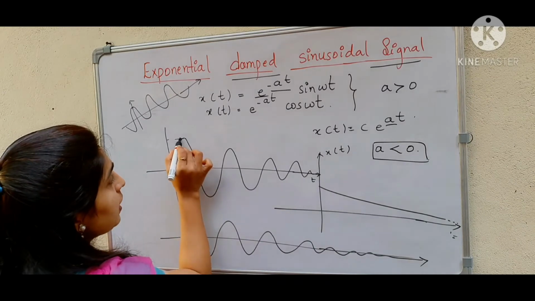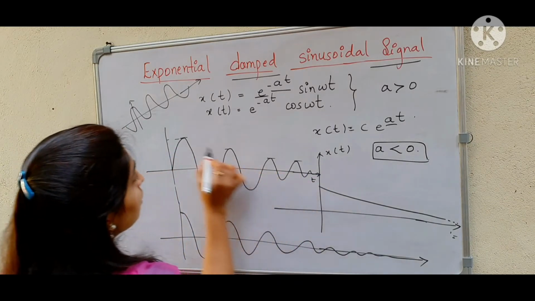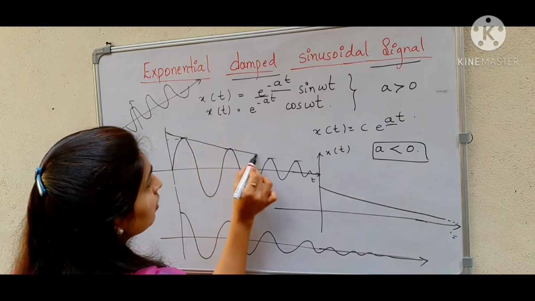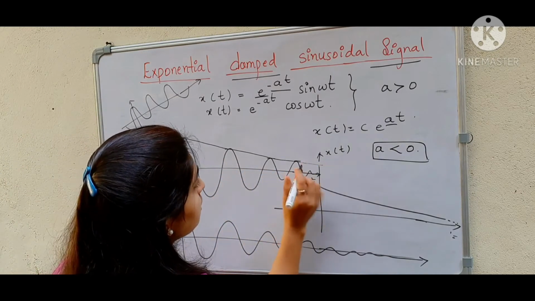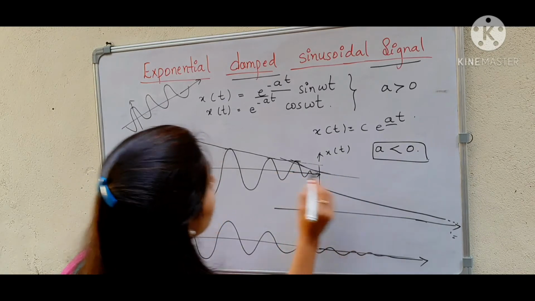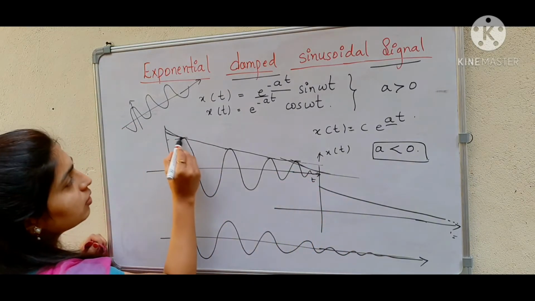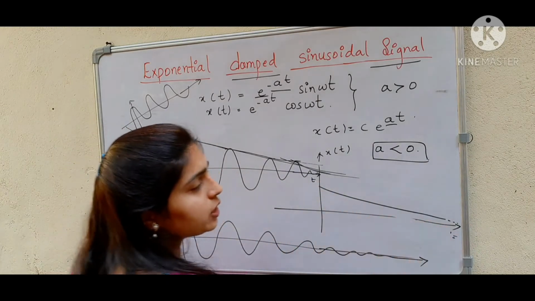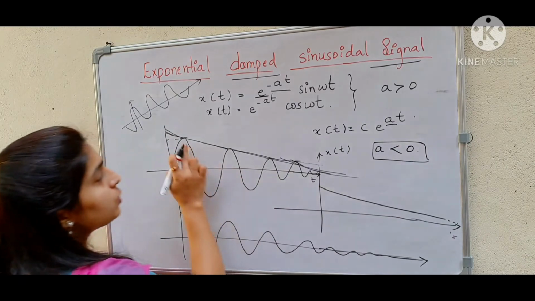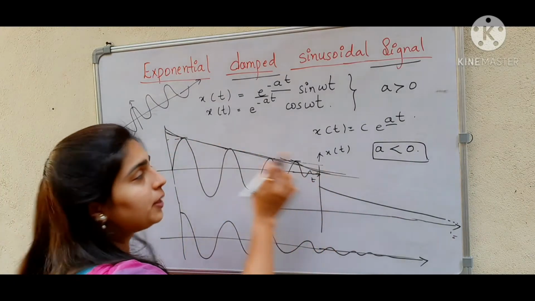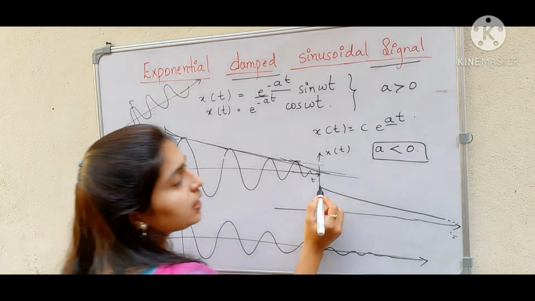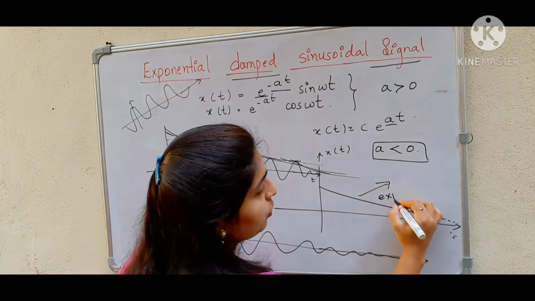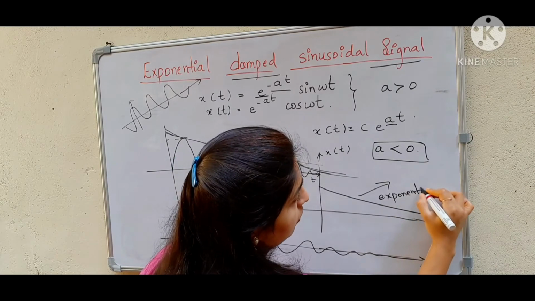If you see the peaks, and if I draw a line between the successive peaks, it follows this exponential decay curve. So this outer envelope between the successive peaks is nothing but the exponential decay curve.